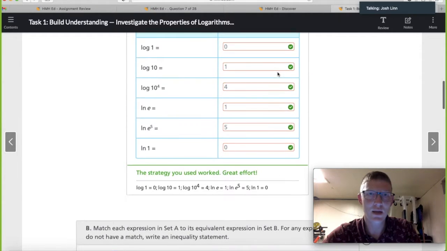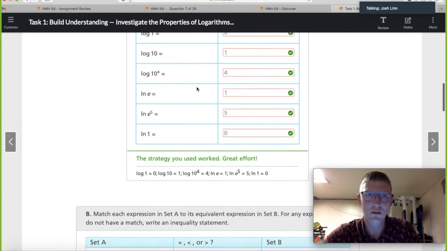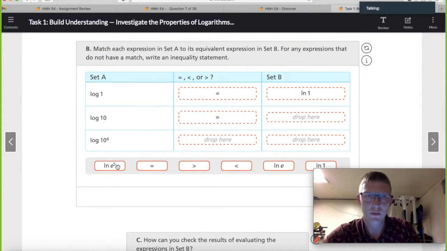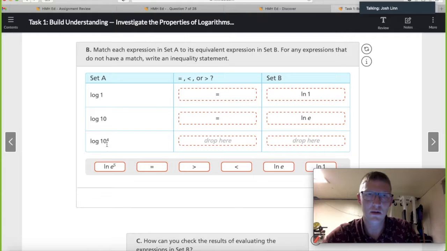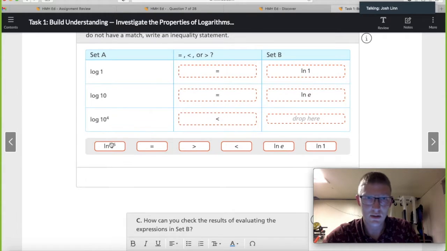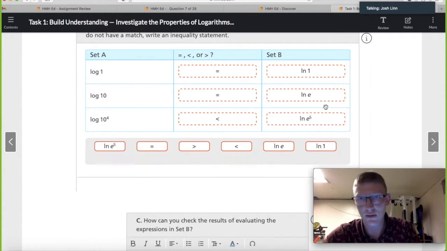Log of 10 was 1. Natural log of e was 1. And then log of 10 to the 4th is less than natural log of e to the 5th.